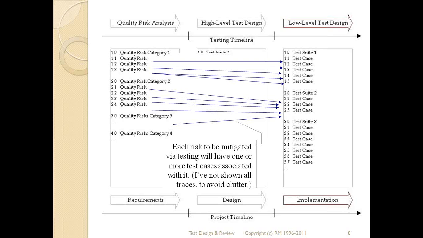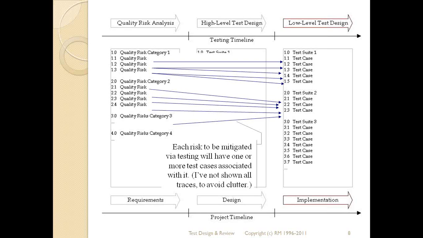So a test case can cover one quality risk category, or a test case can cover multiple quality risk categories, and a quality risk category can be covered by multiple test cases as well. Now again, if you have this kind of relationship with all the risks, you make sure that everything is being covered by the test cases that you have created.